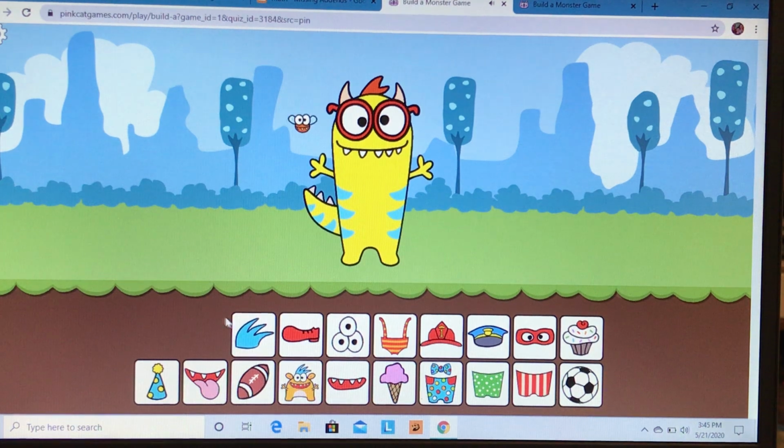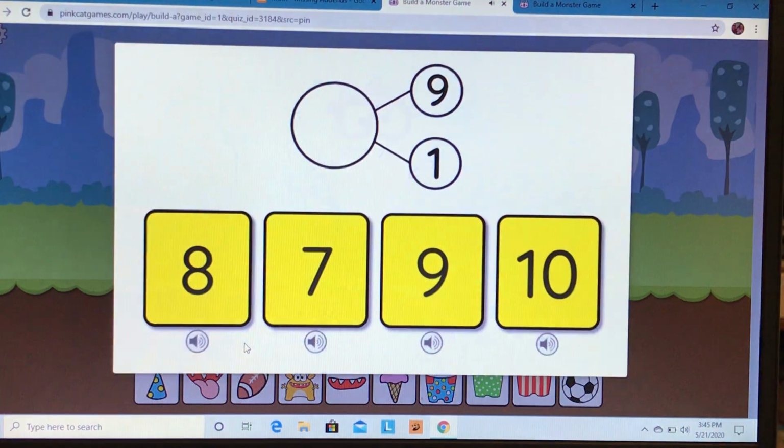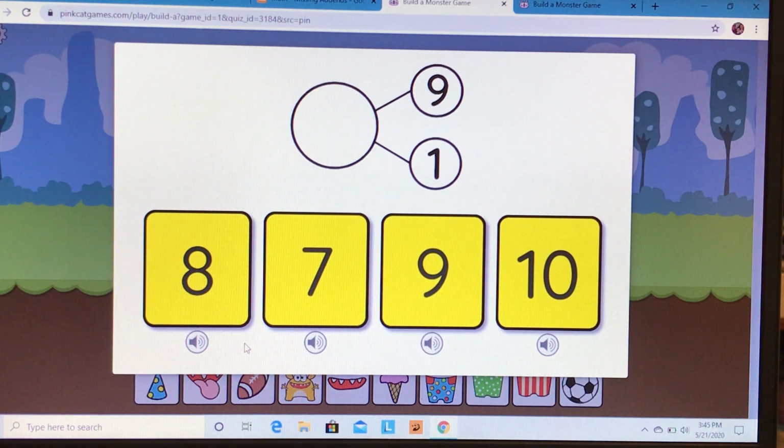All right, let's add some hair. Here we're given the two parts, 1 and 9. When we put those together, what number does it make? You guessed it, it is 10.